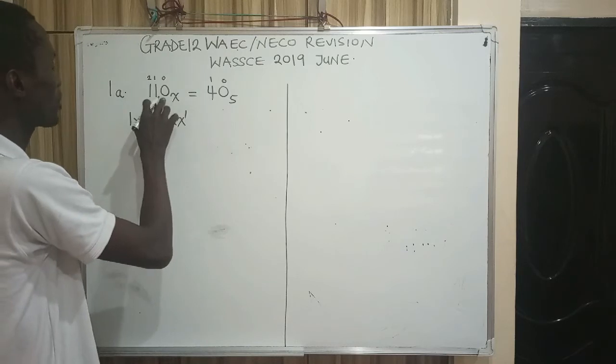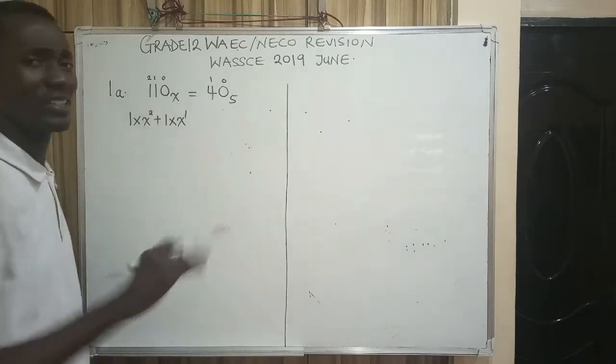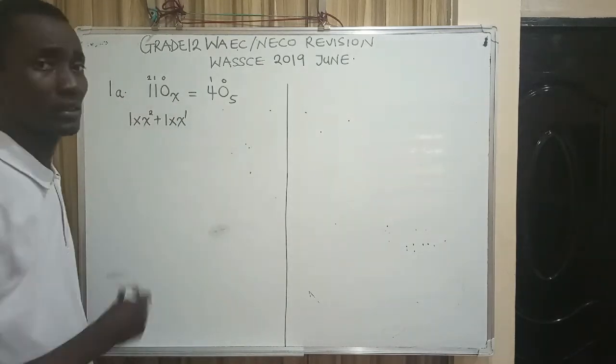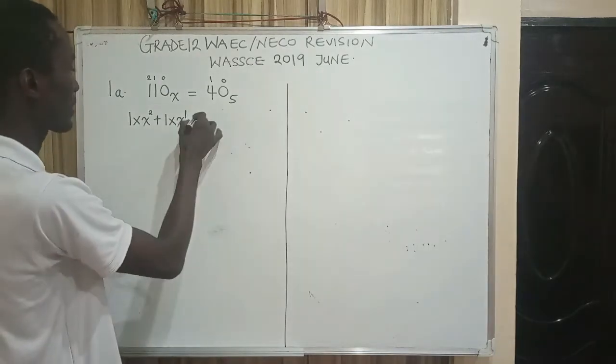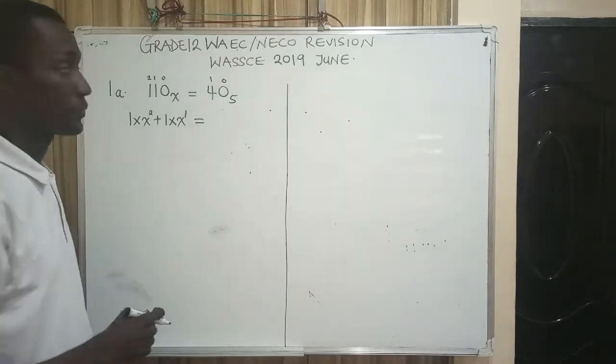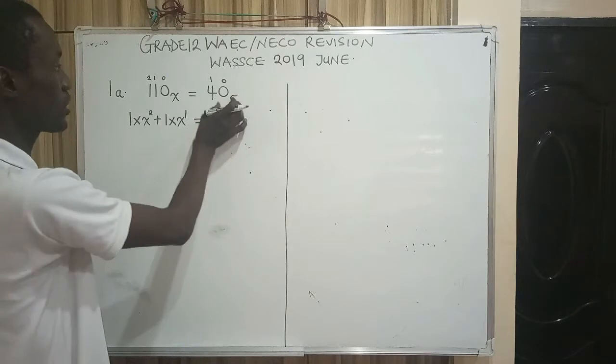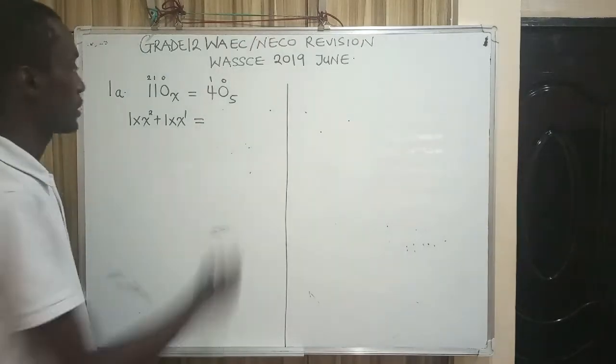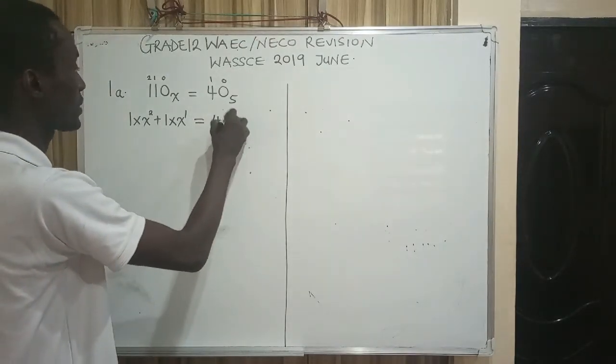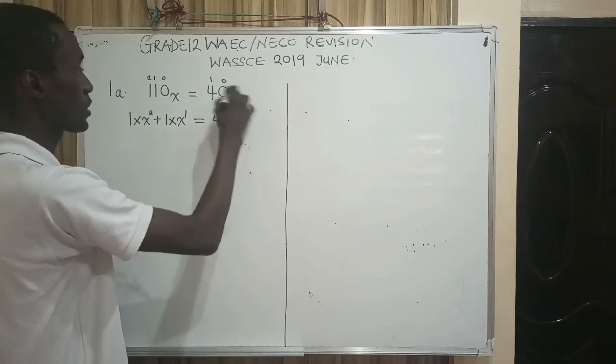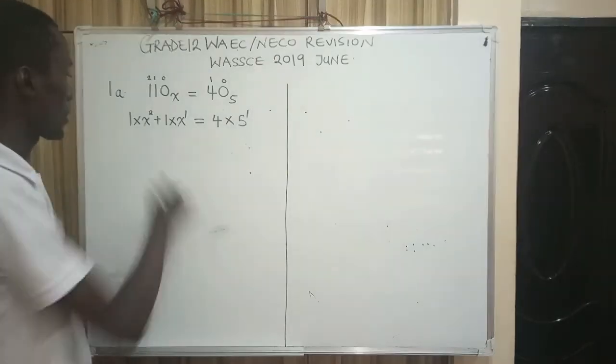And remember that when 0 multiplies anything, it is 0, so it's not important for me. So I will forget that. And then I go to the next one. This will be 0 times, so this will not also be important for me. So I'm going to have 4 times the base raised to the power of 1.